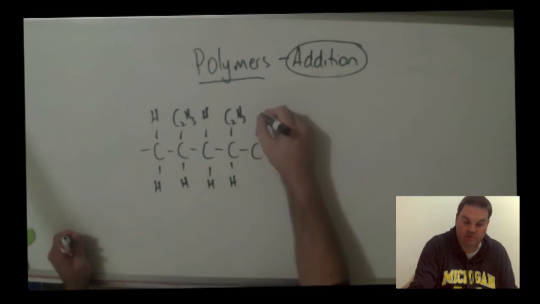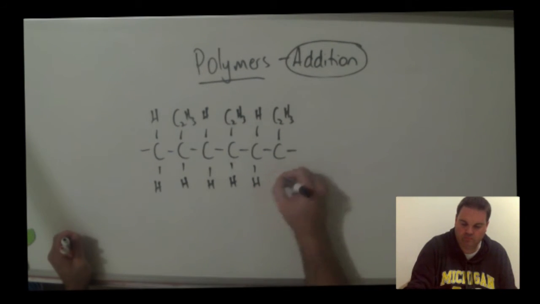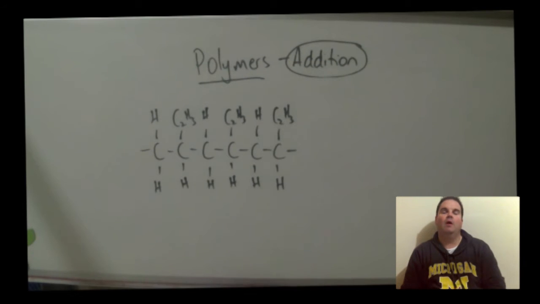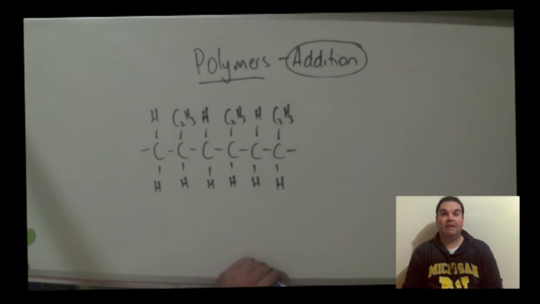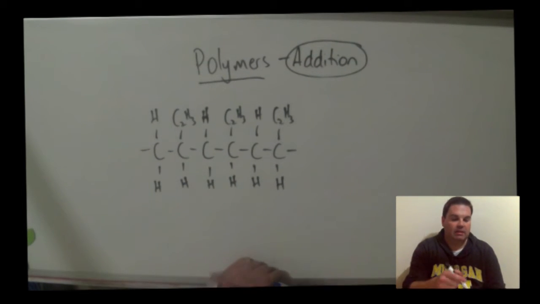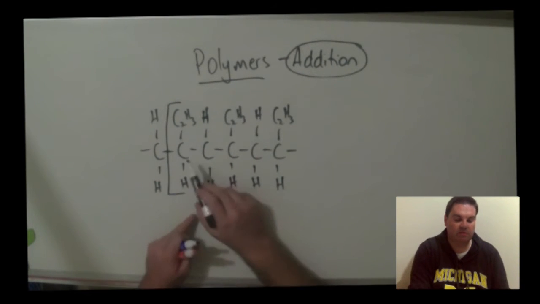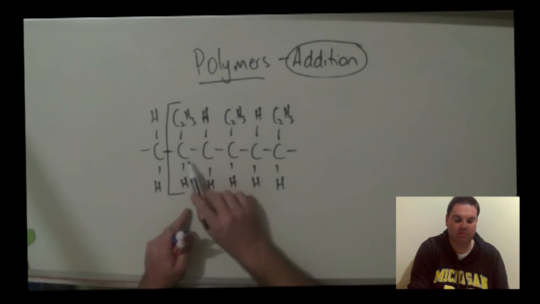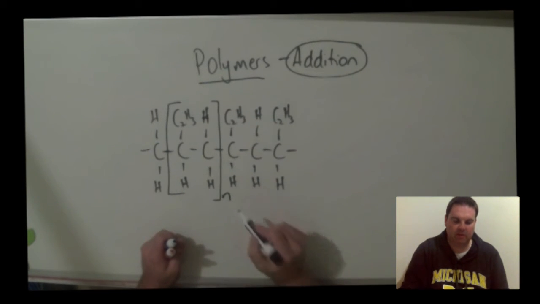We've just got this long section that's repeating itself. The first thing you're going to do, and this will help you immensely to draw the monomer, is put your brackets in around your repeating unit. Just put a bracket in anywhere. I'm going to go here. And what I want to do is go to the next place where I find a carbon with CH2-3, which is here. So that's the end of my repeating unit there.